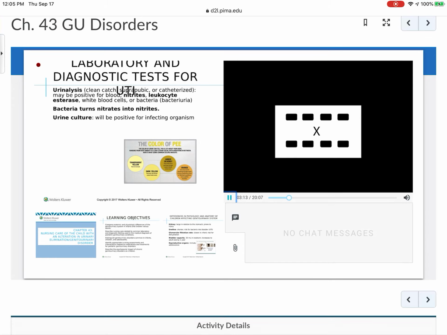So you want to treat the urinary tract infection with the correct antibiotic. Often, if they suspect a urinary tract infection from the urinalysis, they may go ahead and treat with a broad spectrum antibiotic. But then once they find out what organism it is and what it's sensitive to, they may change the antibiotic at that point.